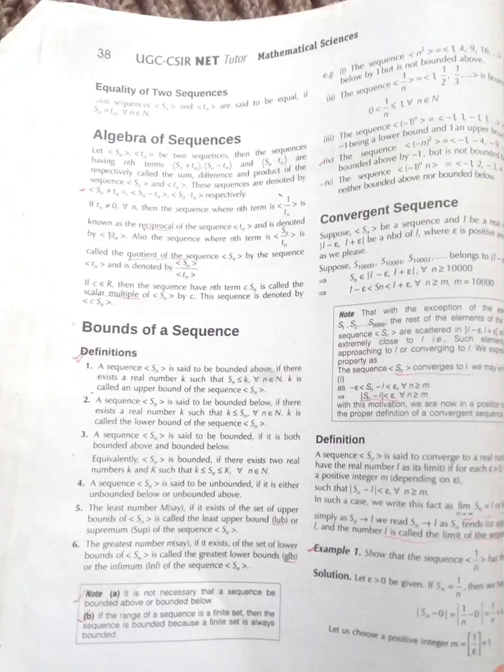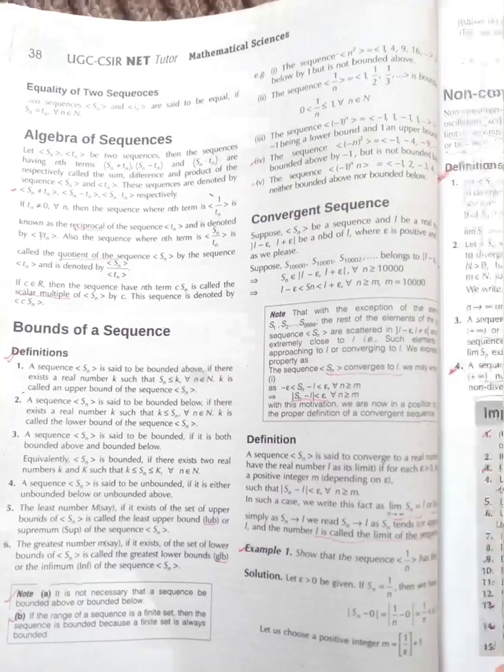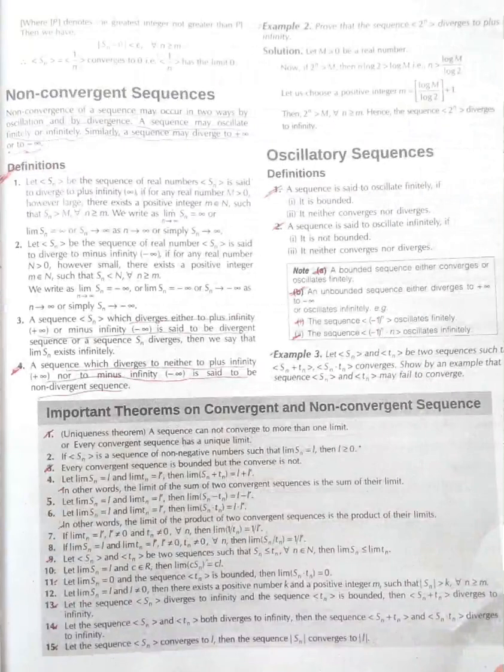All definitions are given with solved examples, and part B and C examples are given separately. And these are the important theorems in sequences and series, of convergent and non-convergent sequences. And similarly in these chapters also we find solved examples of part B and C separately.